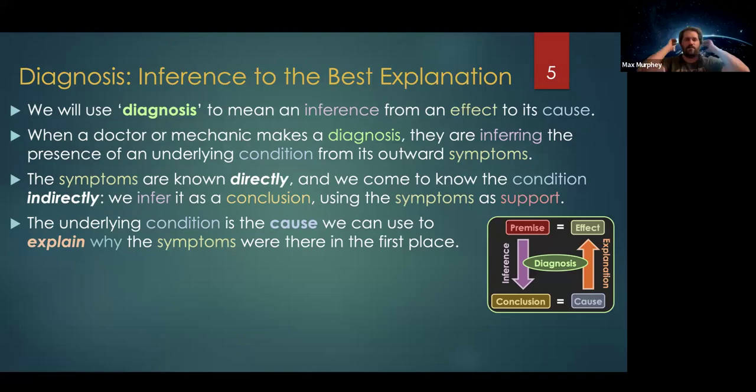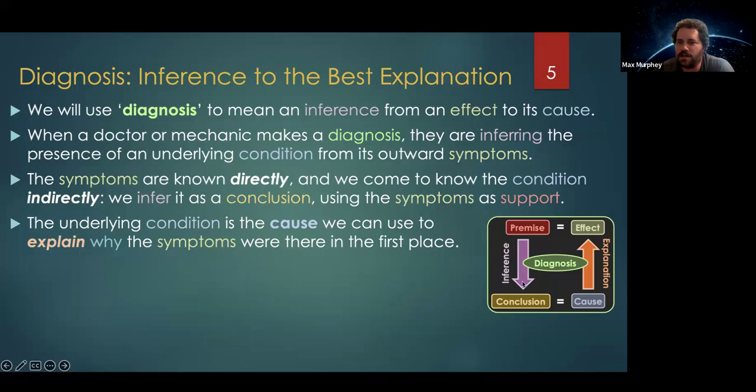So when we first see the symptoms, we don't know why they're there. Then somebody who knows what's up infers the cause, and once we've got the cause, then we have an explanation for why the symptoms were there in the first place. So look at this diagram. It looks a little bit confusing, but this ties together all the pieces here. The whole thing can be called diagnosis.